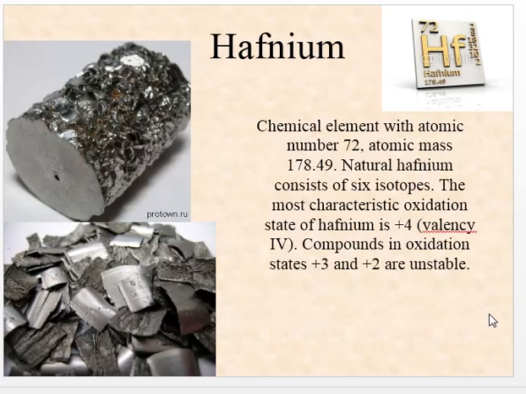Hafnium, chemical element with atomic number 72, atomic mass 178.49. Neutral hafnium consists of 6 isotopes. The most characteristic oxidation state of hafnium is +4, valence 4. Compounds in oxidation states +3 and +2 are unstable.